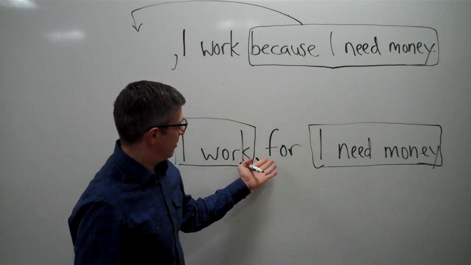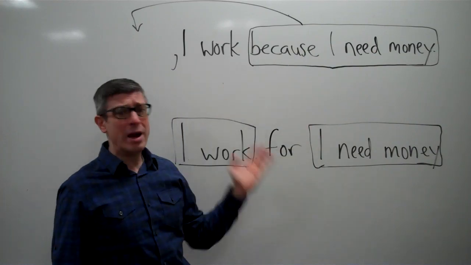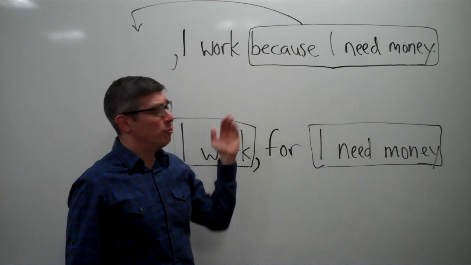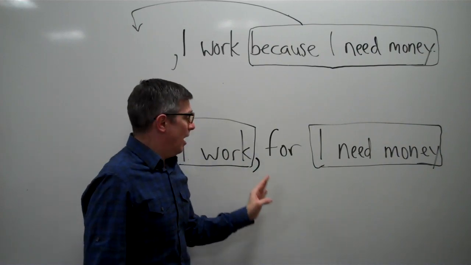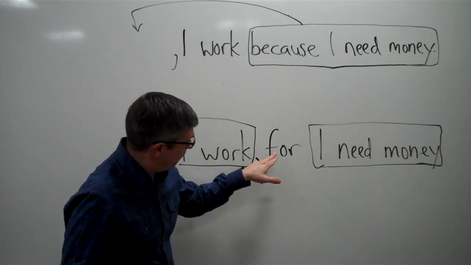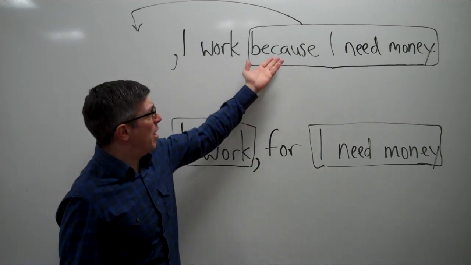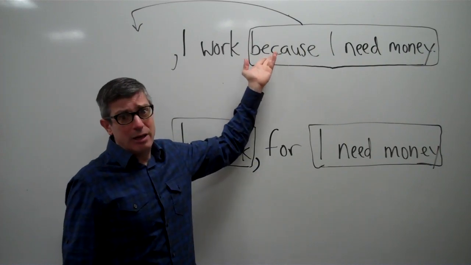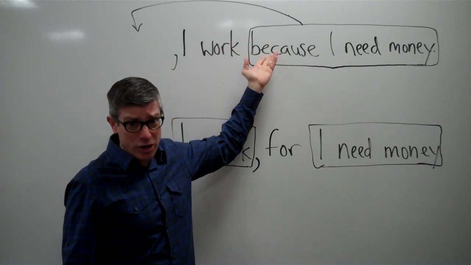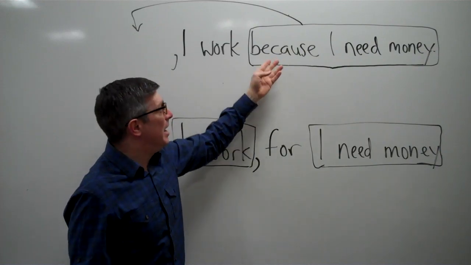And that shows you that these words, for I need money, function quite differently from these words, because I need money. And that would also help clarify why for counts as a coordinating conjunction and why because isn't a coordinating conjunction. In fact, we call it a subordinating conjunction.